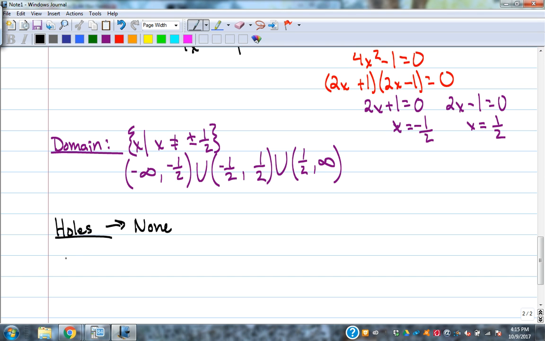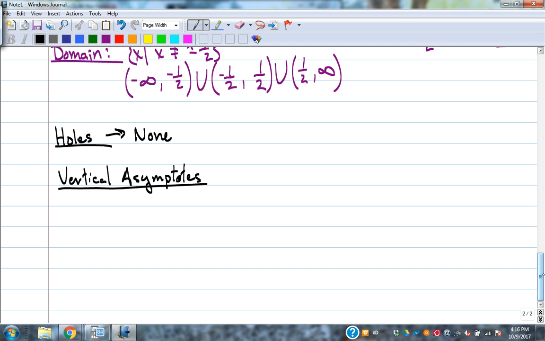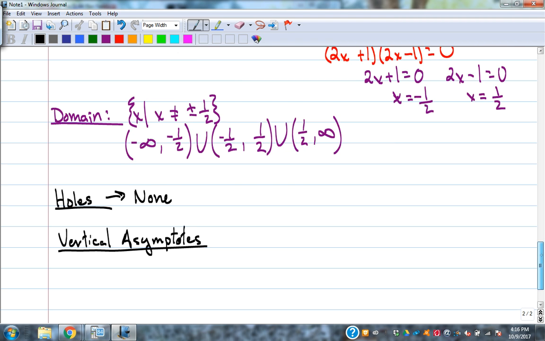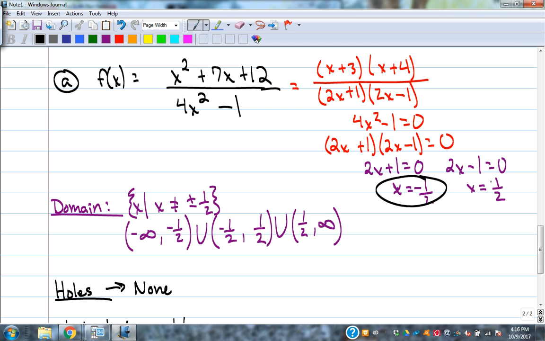The next thing would be vertical asymptotes. And we'll start abbreviating this after this example. Vertical asymptotes are going to match your domain if nothing canceled out. So what were the x values that we got, or the equations we got for our domain?